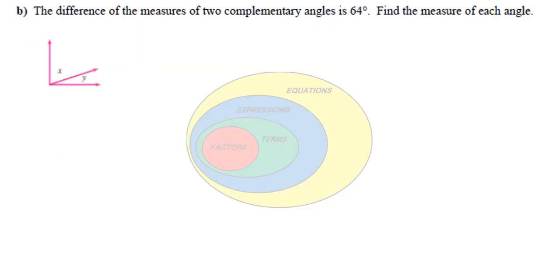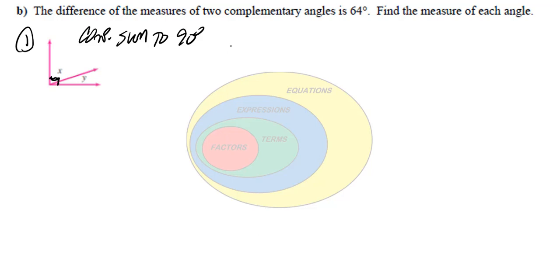All right, this next question is talking about complementary angles, and if you notice, our first step is basically done. The diagram here shows complementary angles, and complementary angles add up, or sum, to 90 degrees.